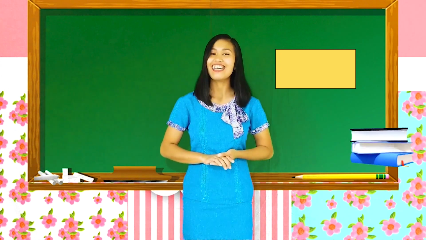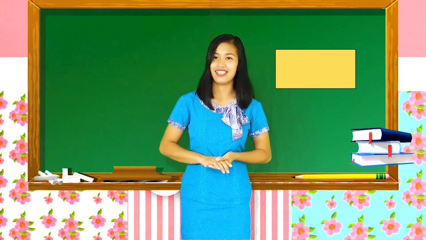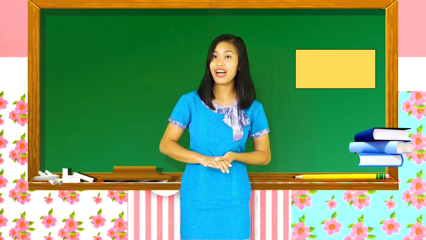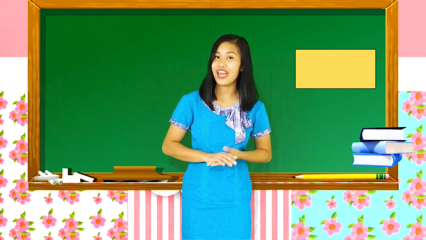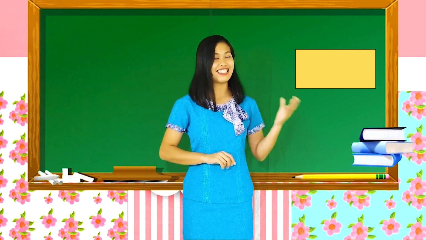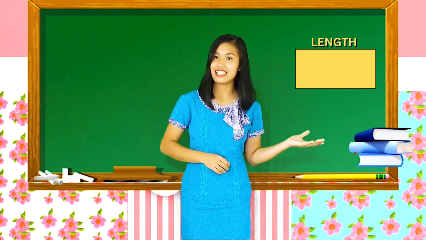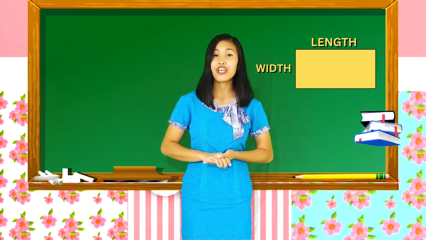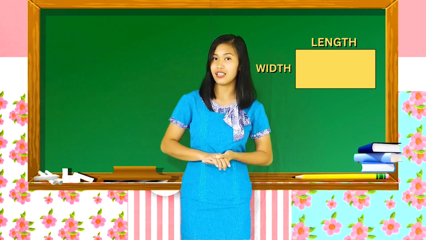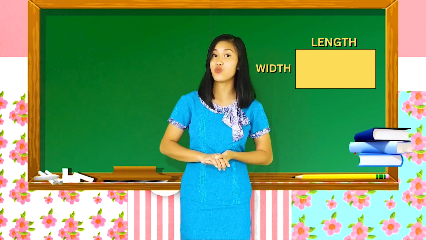Now, what shape is this? Very good. It's a rectangle. Can you identify the length and the width of this rectangle? Very good. This is the length and this is the width. Unlike the square, the length of the rectangle is longer than its width.